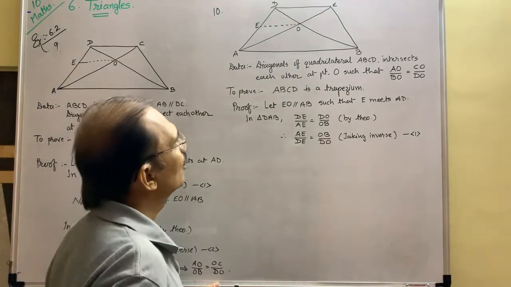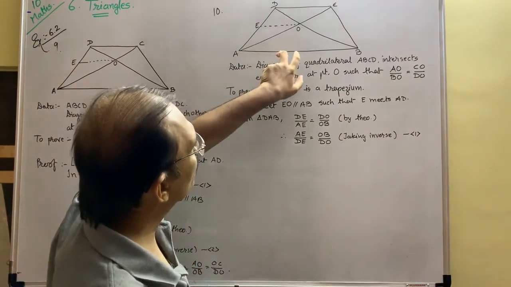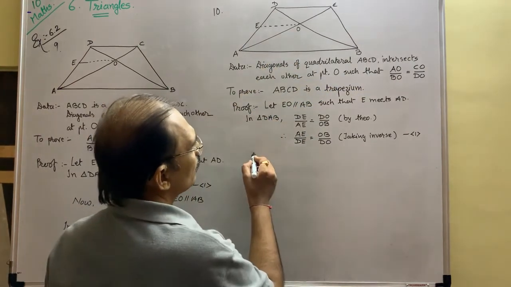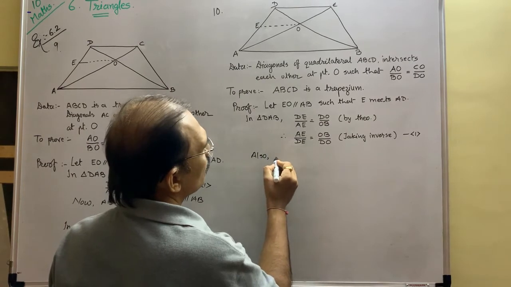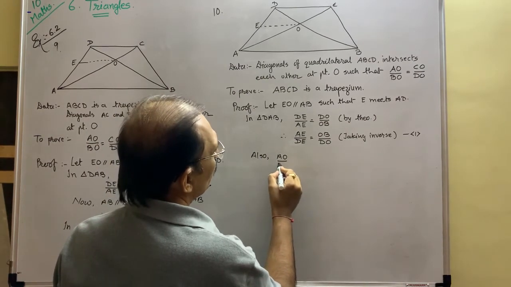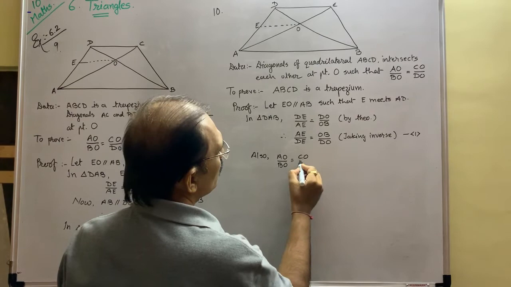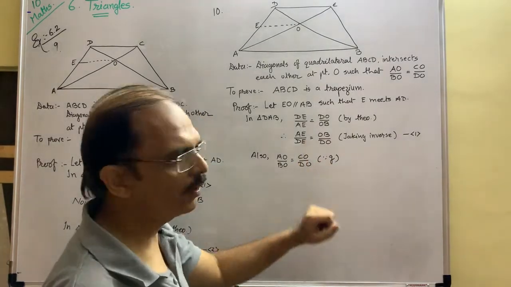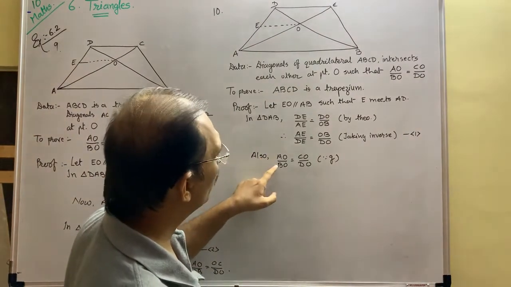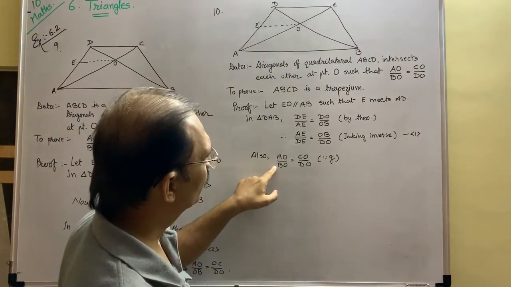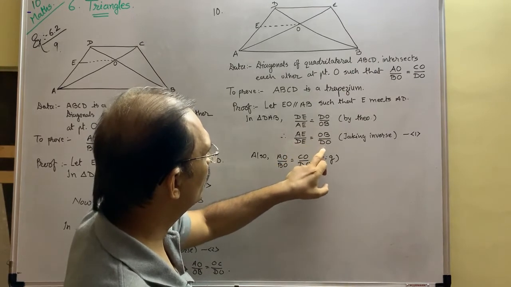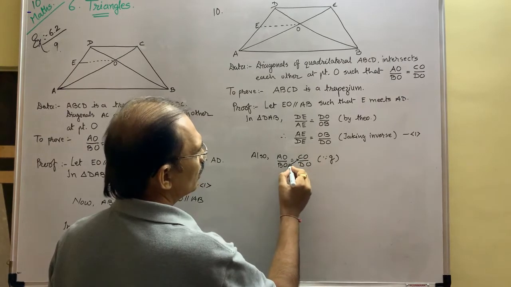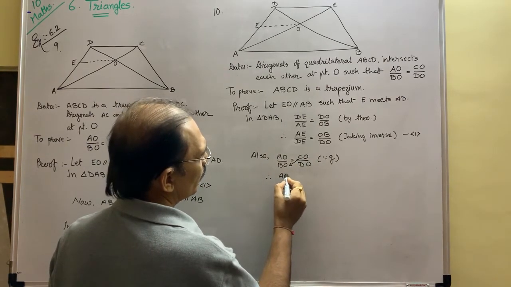Okay, now see, EO is parallel to AB, also given that AO upon BO equals CO upon DO. Now check with this number 1. See, here BO we have and DO we have, so I take BO this side and CO this side, alternate proportion.